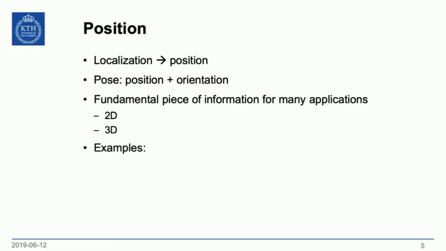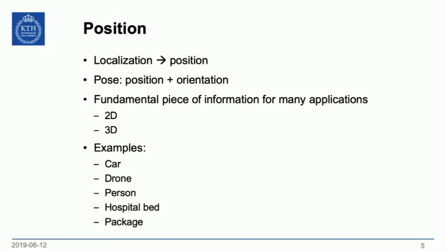And there are a lot of different examples where this might be interesting. It might be your autonomous car. It has to know where it is in order to know how to move from A to B. It could be a drone. Maybe it's a delivery drone that is supposed to deliver your last purchase from Amazon to your doorstep. Or it might be a person.